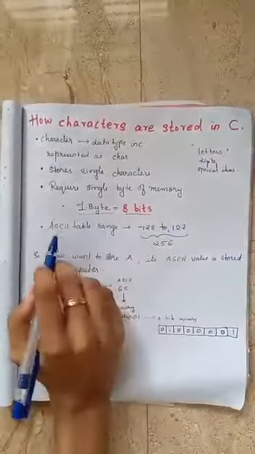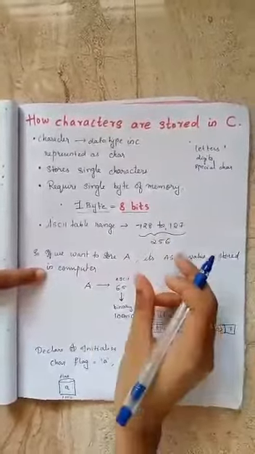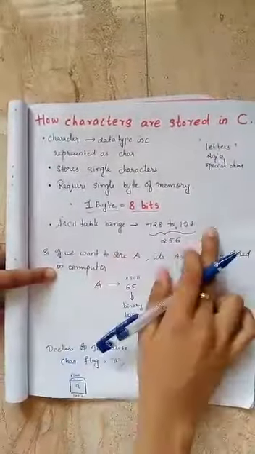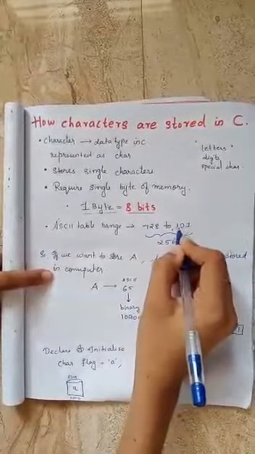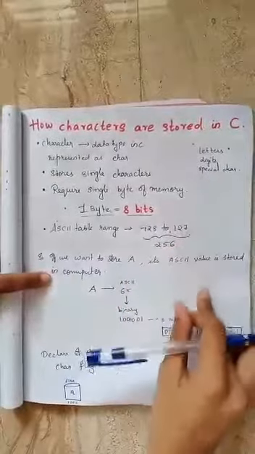So there comes ASCII. Usually these characters have some value in the ASCII table. The ASCII table has values ranging from -128 to 127, so there are 256 values.